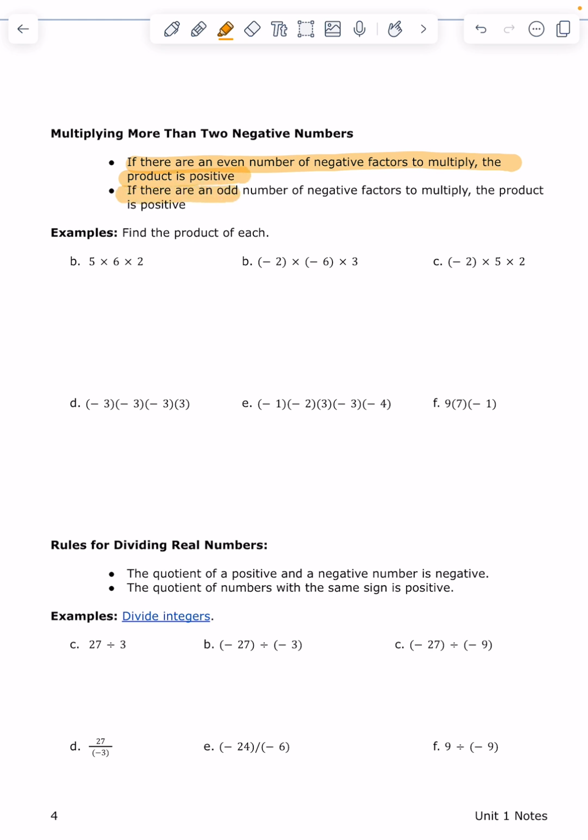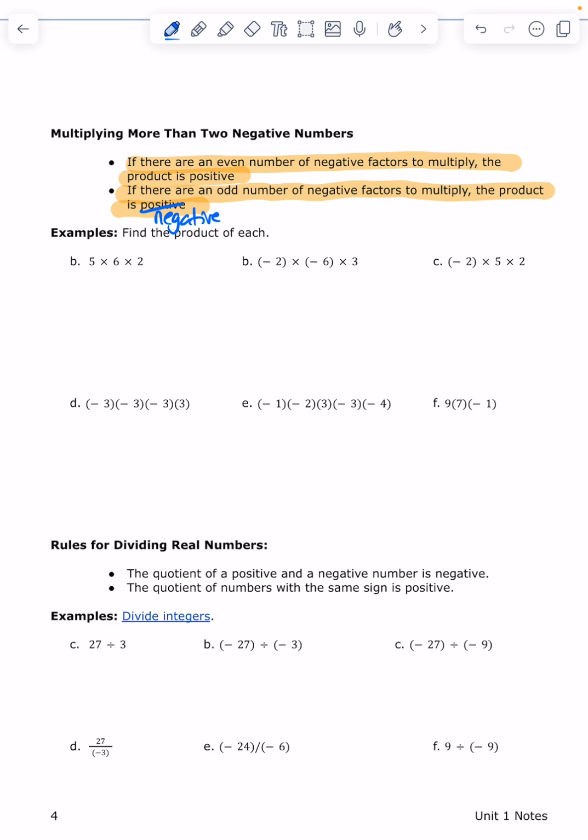If there's an odd number of negative factors to multiply, the product is positive. Oh, that's wrong. This should be negative. I'll have that fixed so you probably won't see that. Okay. So yeah, odd number of negative signs, then it's going to be negative.